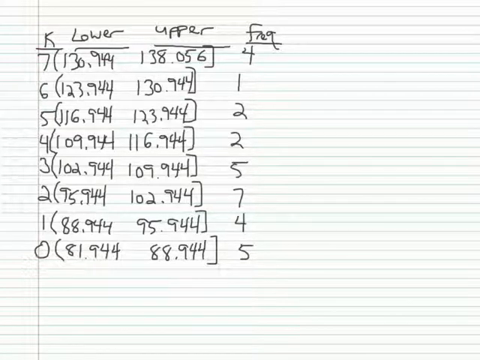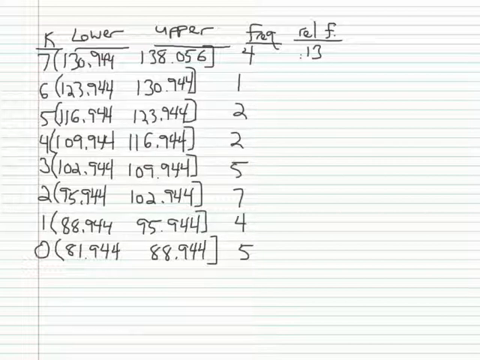To compute the relative frequency, or the proportion of participants in each interval, I simply divide the frequency by the sample size. Alright, so this relative frequency is going to be 0.13 for this top interval, and these are repeating decimals, so I'm just going to round them to 2 decimal places.